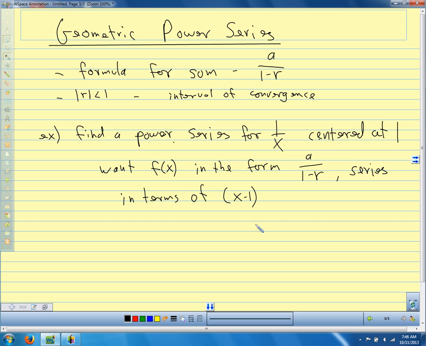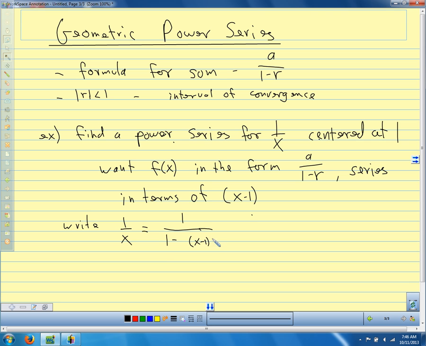So I'm going to write this so that we have 1 over 1 minus something that has to do with x minus 1. So I'm going to write 1 over x equals 1 over 1 minus something to do with x minus 1.